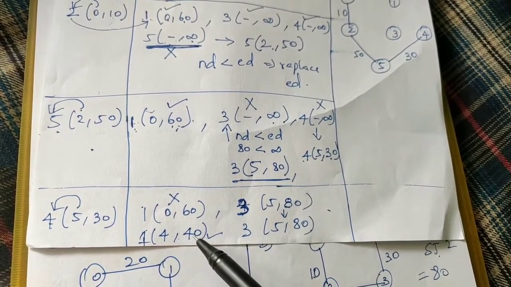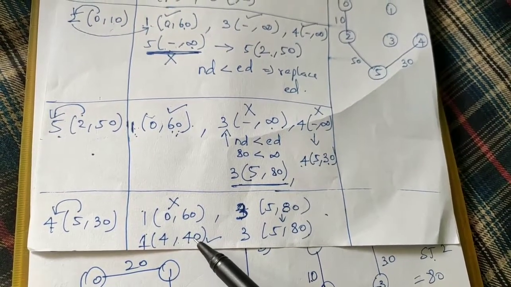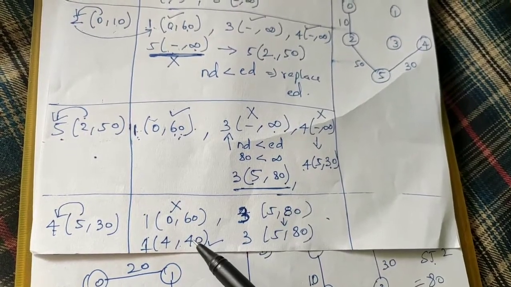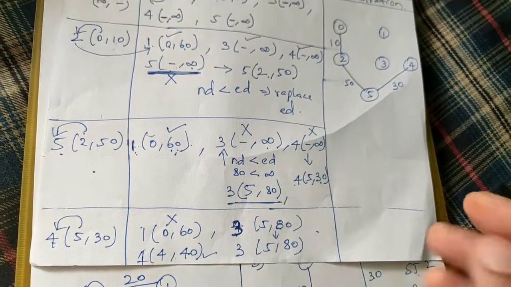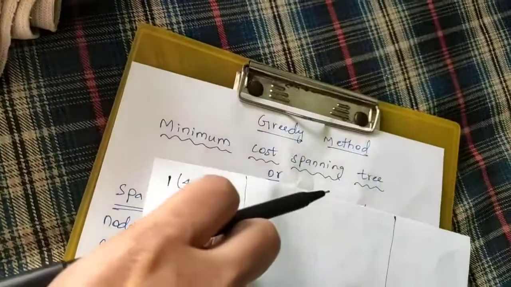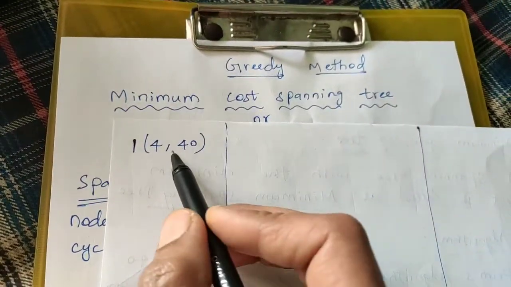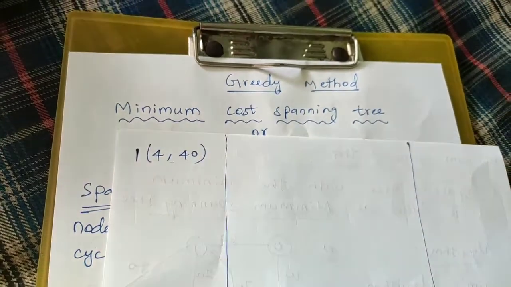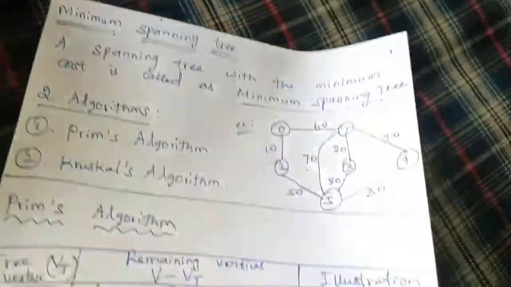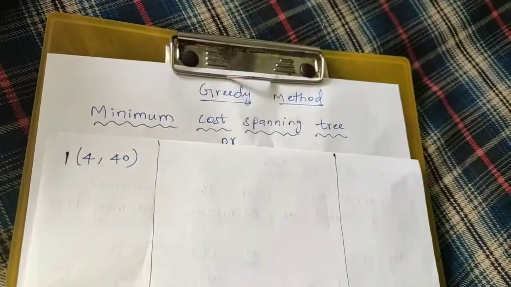Vertex 1 is having the distance as 40, that is the minimum. So I am just going to process this as the next tree vertex, that is 1 of 4, 40.